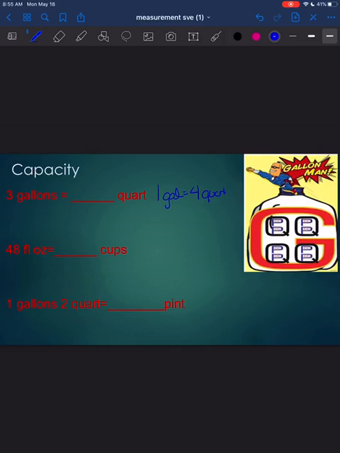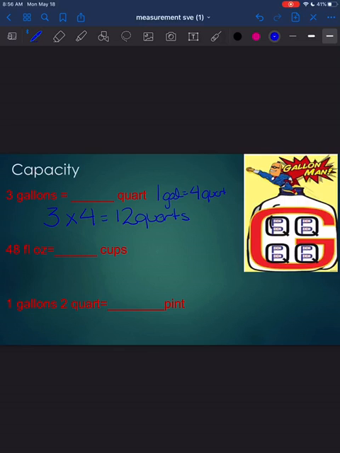So I'm going to use multiplication because I'm going from a bigger unit to a smaller unit. So I'm going to say the 3 gallons times the 4 quarts in each gallon equals 12 quarts.